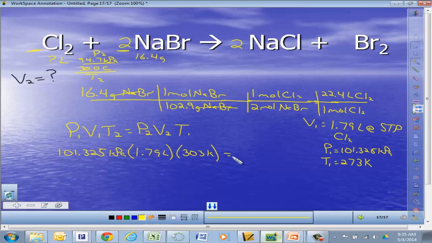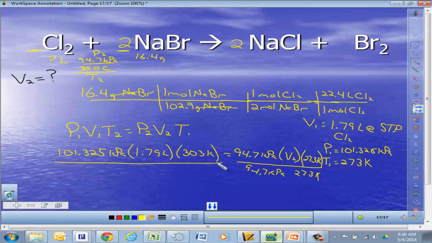That's going to be equal to pressure 2, 94.7 kPa. Volume 2, that's what I'm trying to solve for. And then temperature 1, that's my 273 Kelvin. So I'm going to take 101.325 multiplied by 1.79, multiplied by 303. Technically, I'm going to end up dividing both sides by 94.7 kPa and 273 Kelvin, so I'm going to do that over here also.